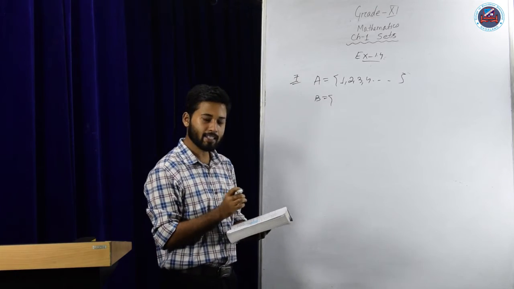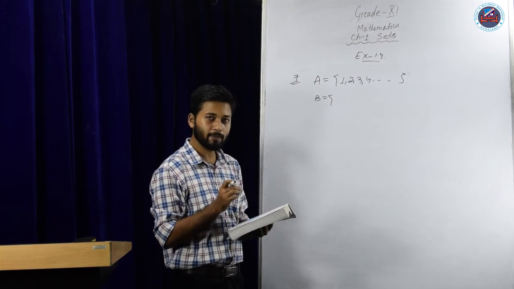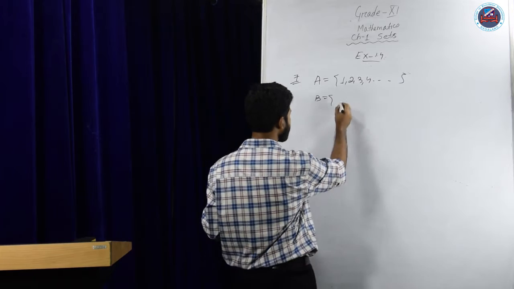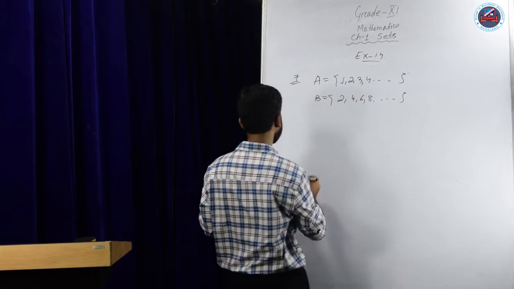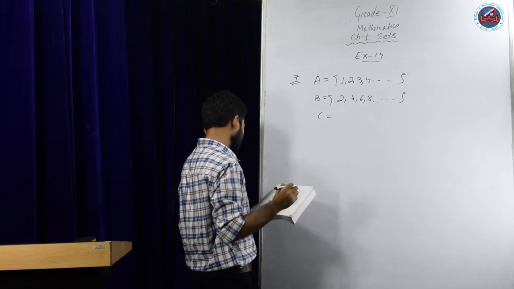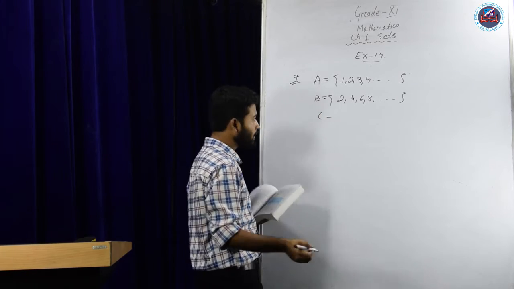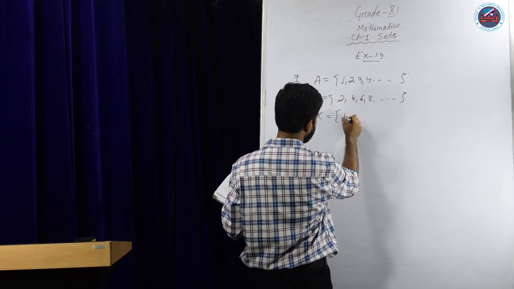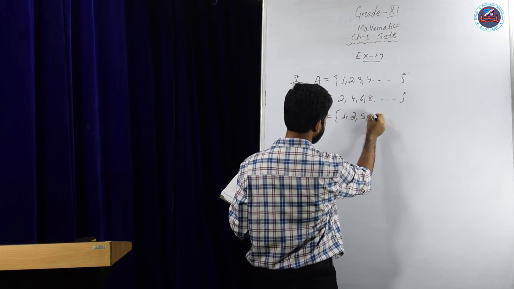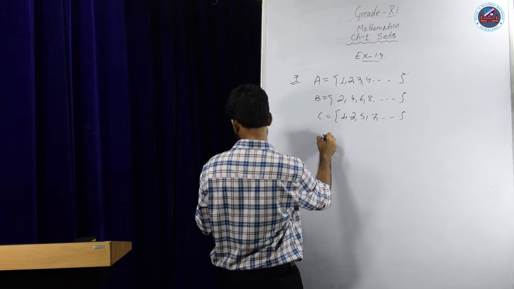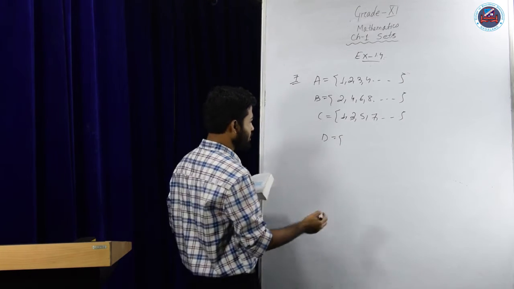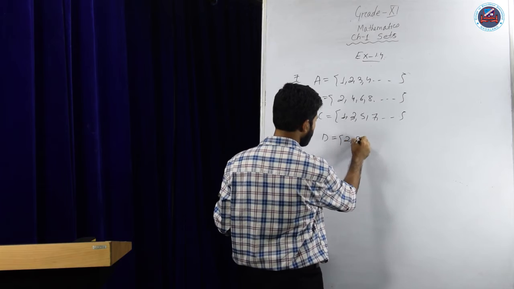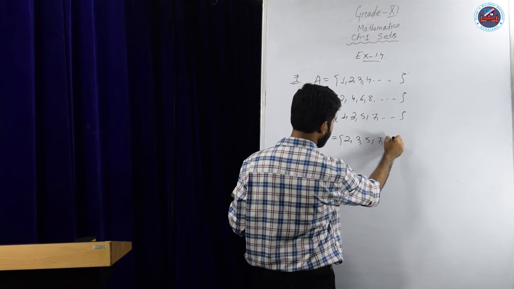B is given x such that x is an even natural number. So what are the even natural numbers? It's 2, 4, 6, 8 and so on. What is C? X such that x is an odd natural number. Odd natural numbers are 1, 3, 5, 7, so on. D, x such that x is a prime number. So what are the prime numbers? 2, 3, 5, 7, 11 and so on.